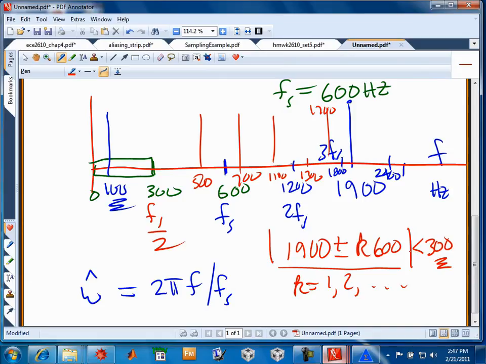That may be a little confusing, but when you add and subtract a multiple of 600, you can't possibly get more than one solution in the principal alias band. So 1900 could alias to numerous other frequencies if you sample at different rates. Exactly. Yeah.